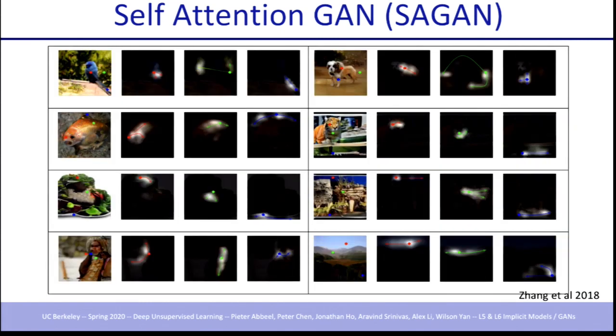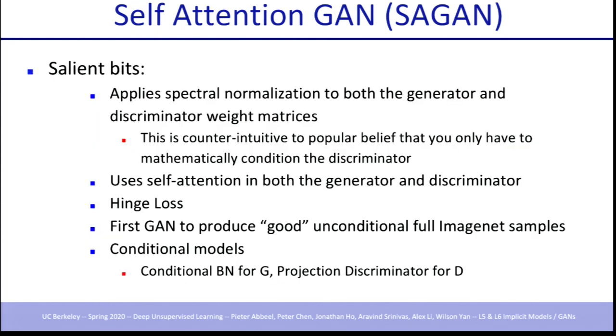One other difference is that it applies spectral norm to both the generator and the discriminator, whereas the SNGAN theory was that you just wanted to make the discriminator Lipschitz and didn't care about doing it for the generator. But it turned out that it was good to use it in the generator as well. So it's a good regularizer. It uses self-attention in both the generator and the discriminator, and adopts the hinge loss that we saw.